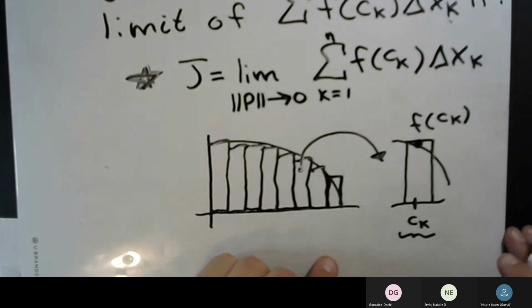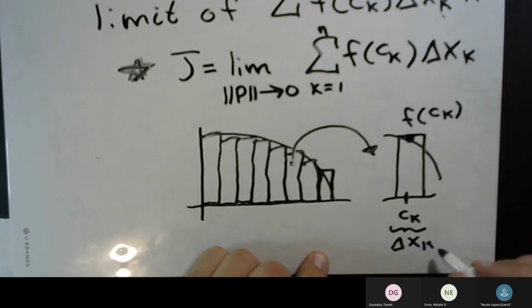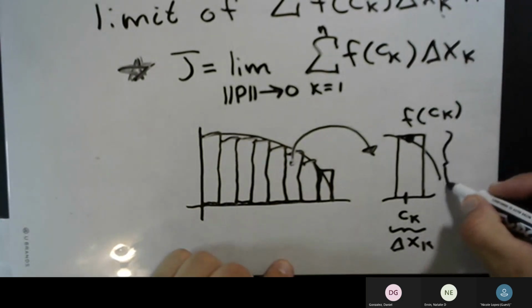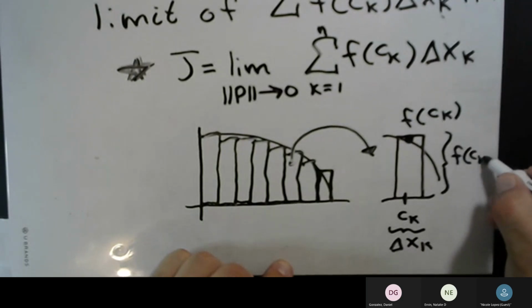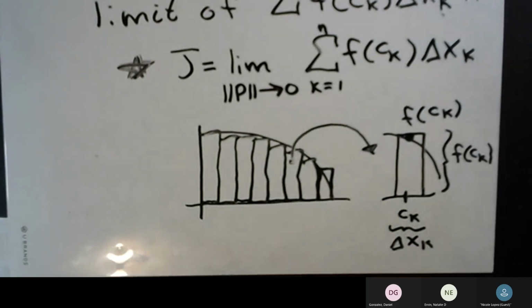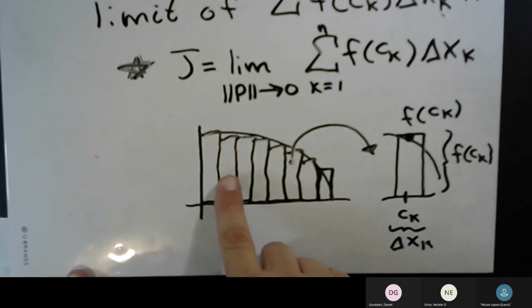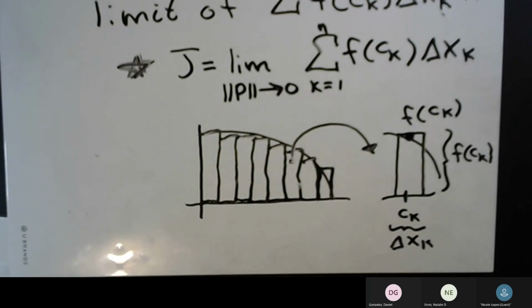It has a width, delta XK, and it has this height, that's the F of CK. So what we're doing with this is we're adding up the areas of each of these rectangles to get the entire area.